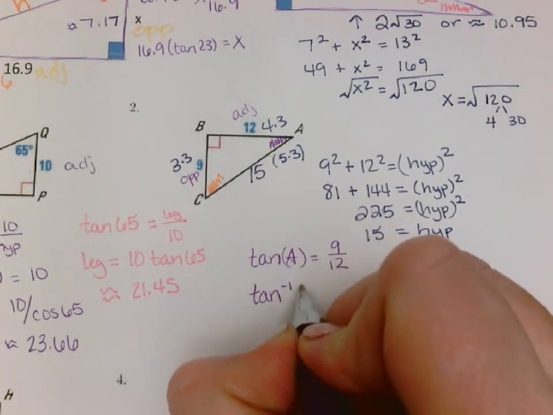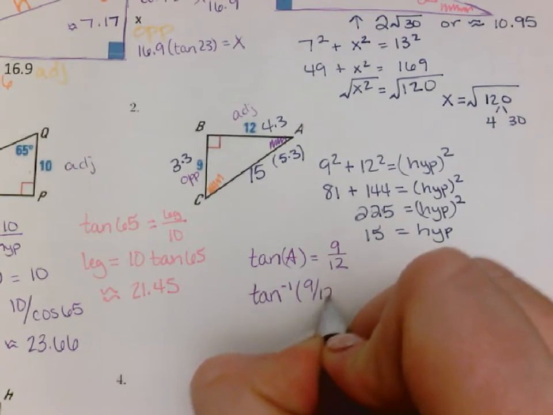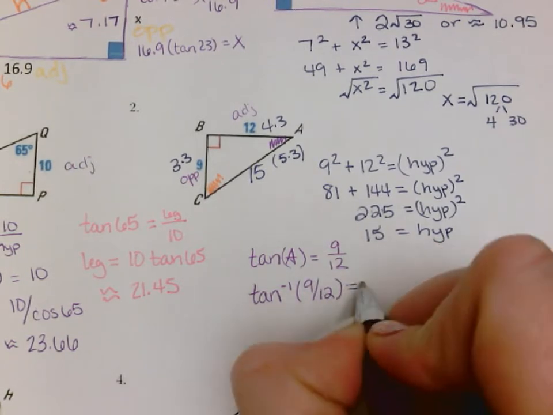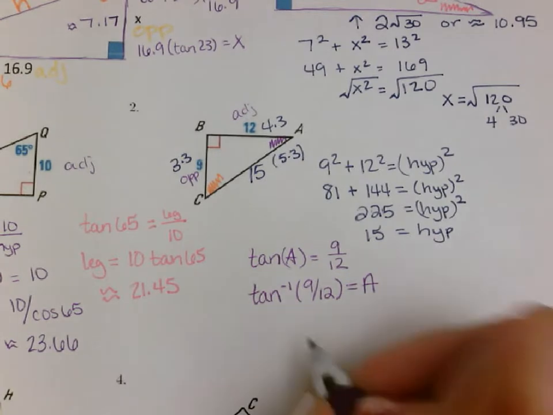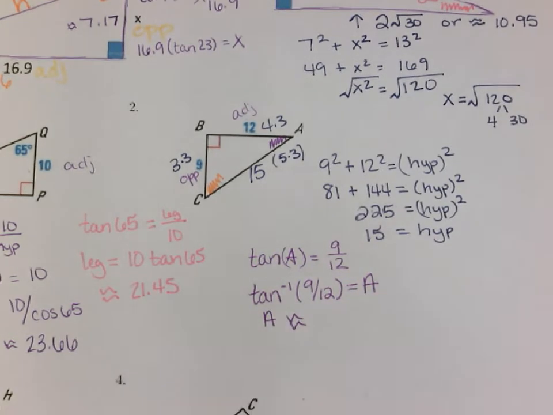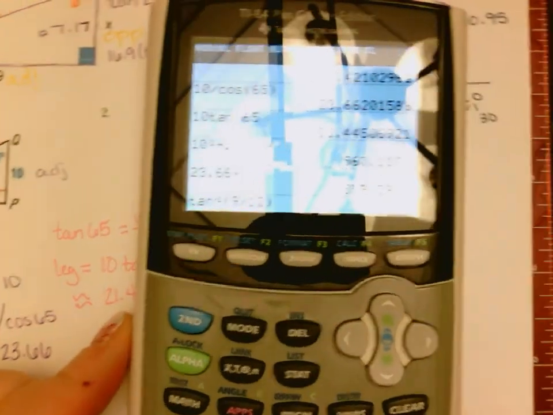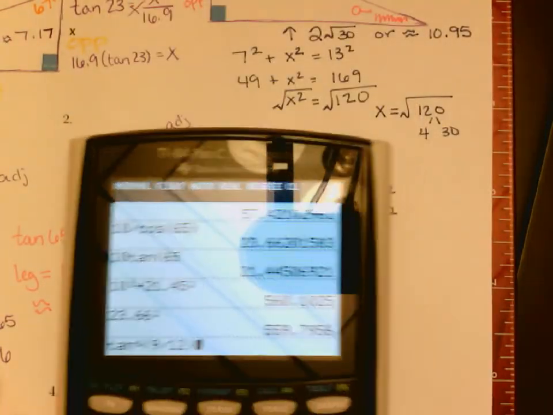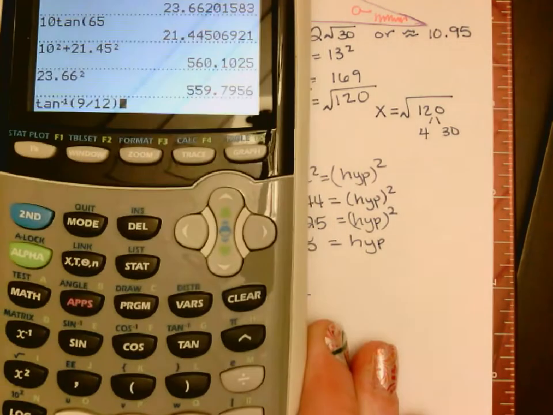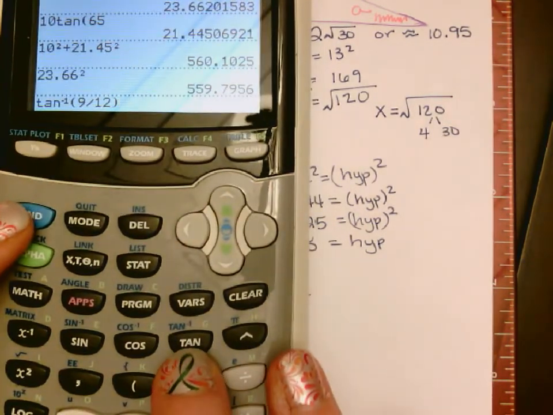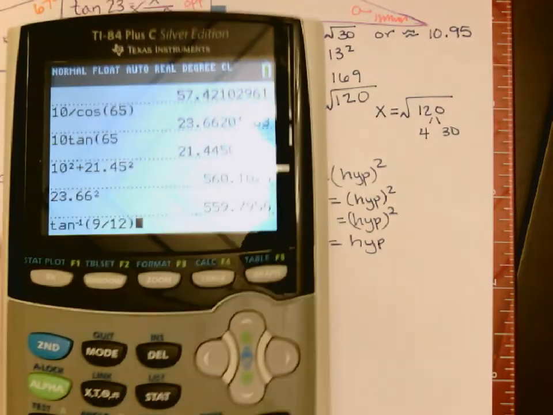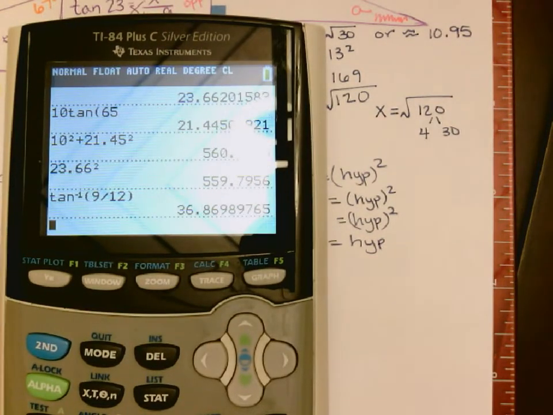So tangent inverse of 9 divided by 12 is equal to angle A. Angle A is approximately, to get that inverse, you go second tangent on the TI, hit enter, and it's roughly 36.87.